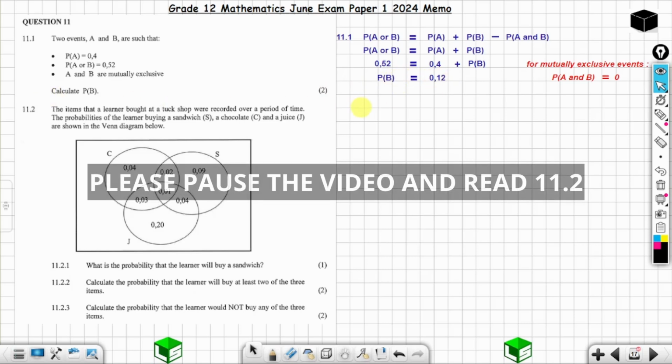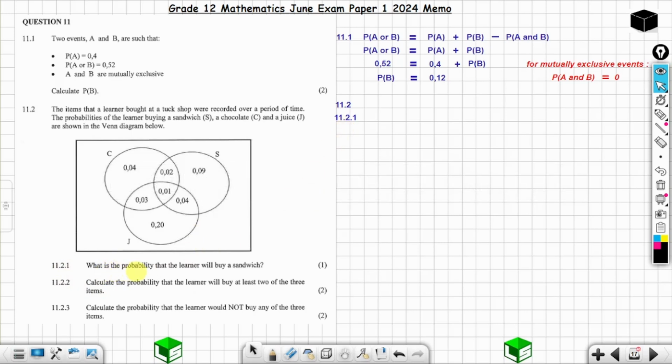Now, question 11.2.1. What is the probability that the learner will buy a sandwich? 1 mark.